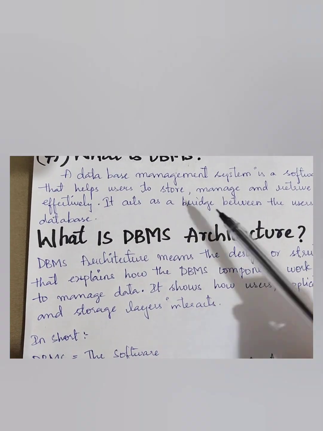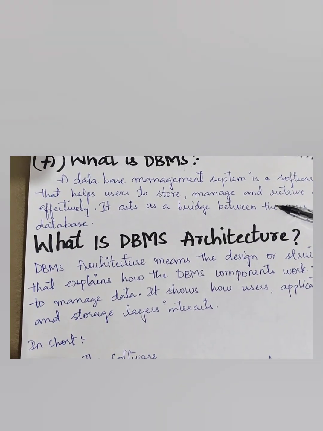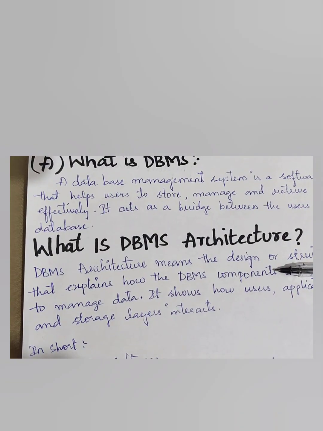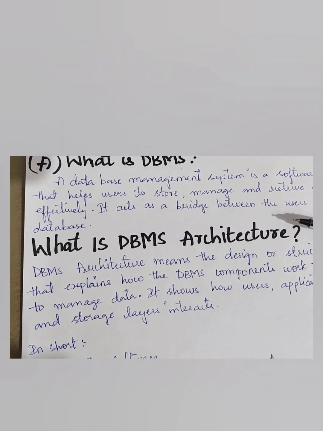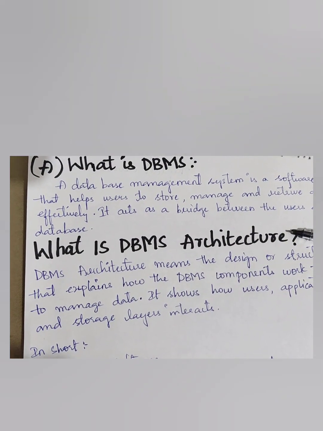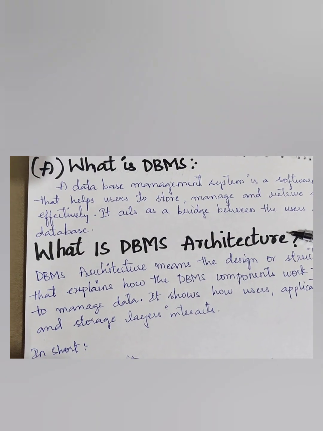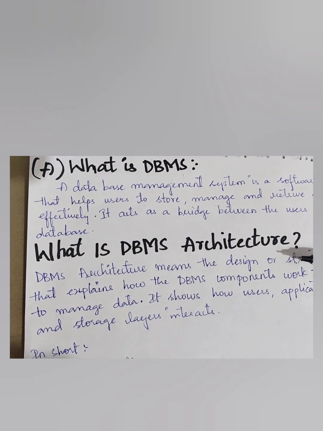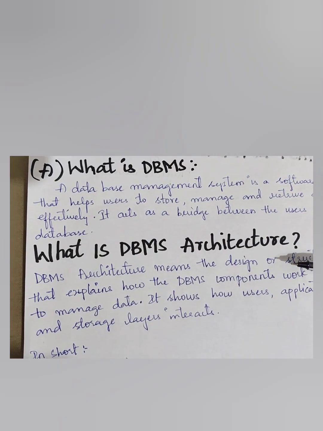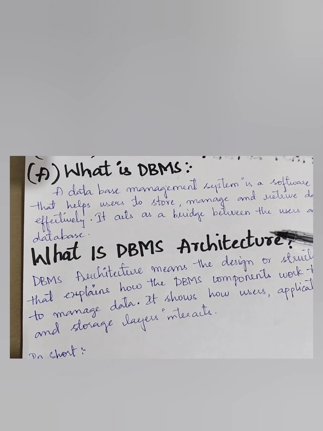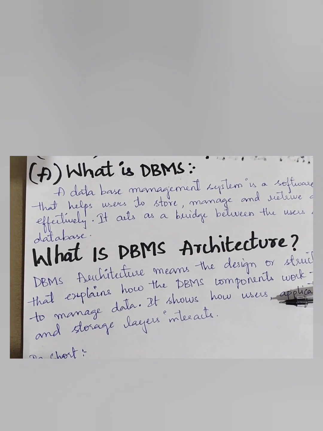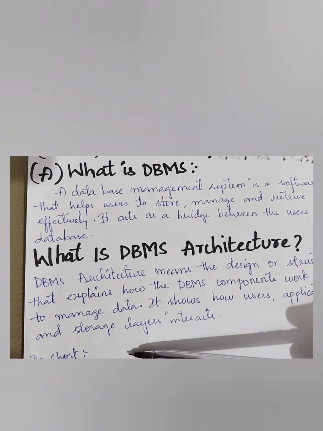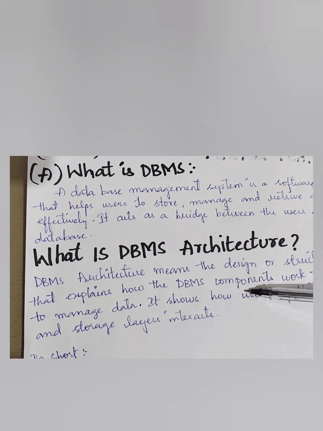We have seen earlier that DBMS is a software, but DBMS architecture is basically a structure or a design of how things work, how things are managed in a data. It shows how users, applications and storage layers interact.